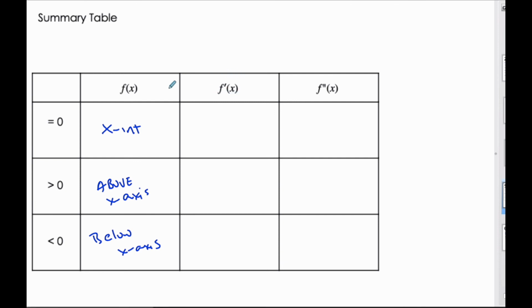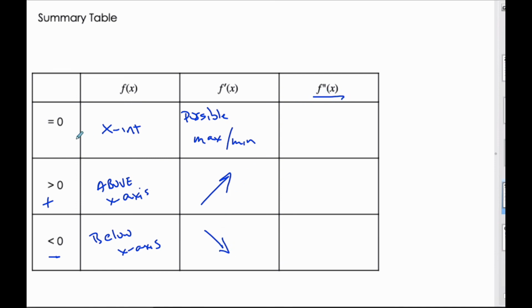Now, if f prime equals 0, that means there was a possible max or minimum value. There's no guarantee, but if it's going to happen, it's going to be at these values here. If the first derivative is bigger than 0, so these are positive values, that means the graph of f of x is increasing. And if it was negative values, that means f of x was decreasing.